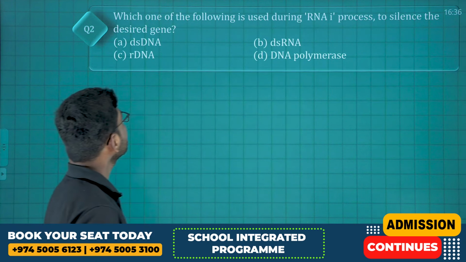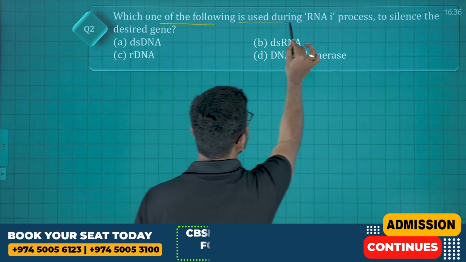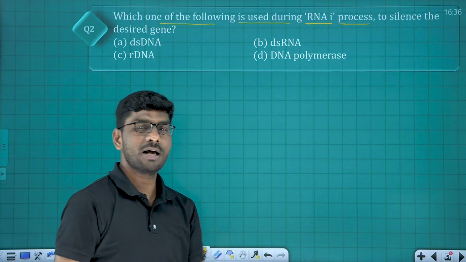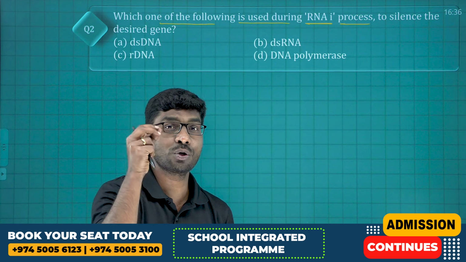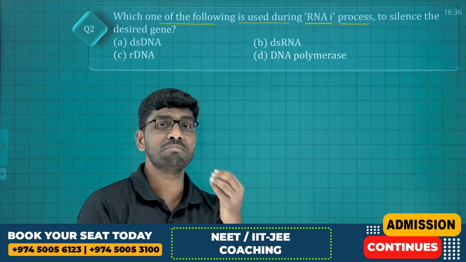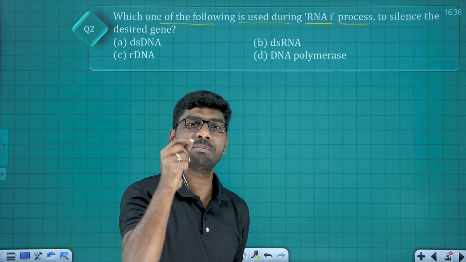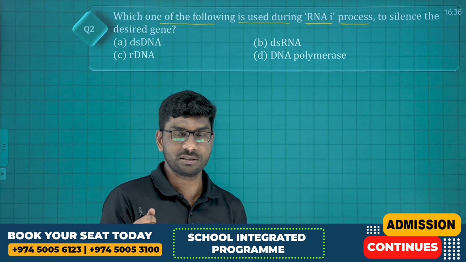Next question is, which of the following is used during the RNAi process? RNA interference mechanism. We discussed this to cure or protect from the nematode. The nematode name is Meloidogyne incognita. Meloidogyne incognita nematode infects the roots of tobacco plants and decreases the harvest, we discussed, right?